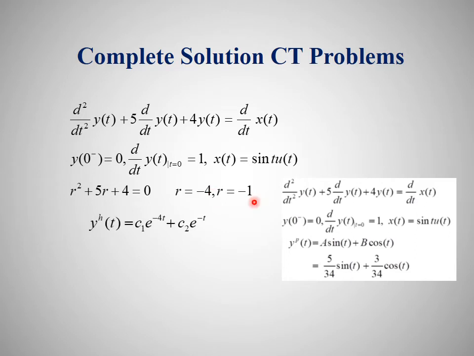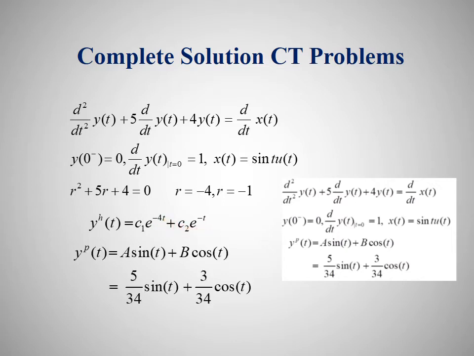Hence, the homogeneous solution in the continuous time case is given by yh of t equal to c1 e power minus 4t plus c2 e power minus t. The particular solution has been discussed in the previous case, and it is obtained as 5 by 34 sin t plus 3 by 34 cos t. This is what we have considered so far.